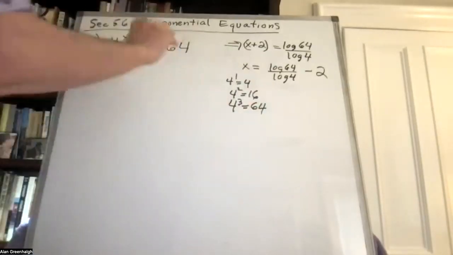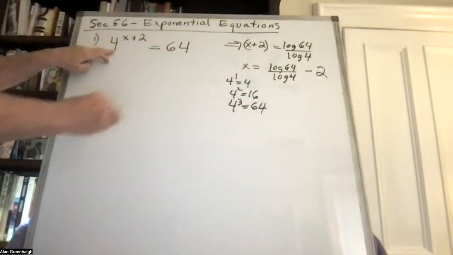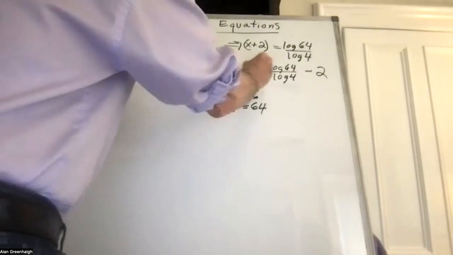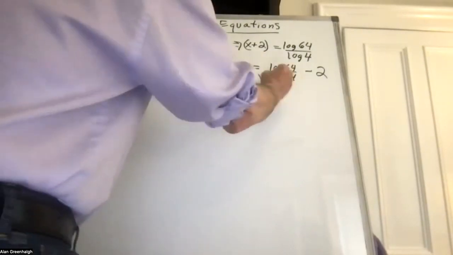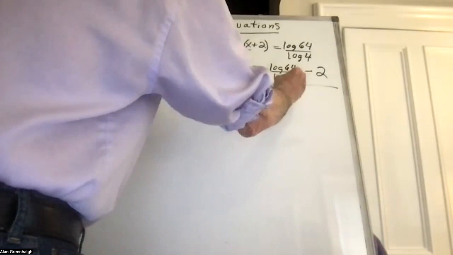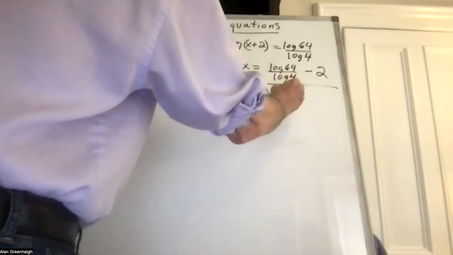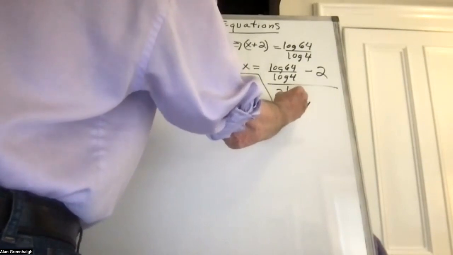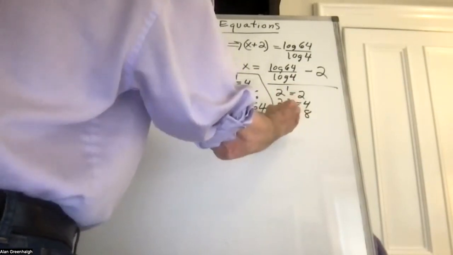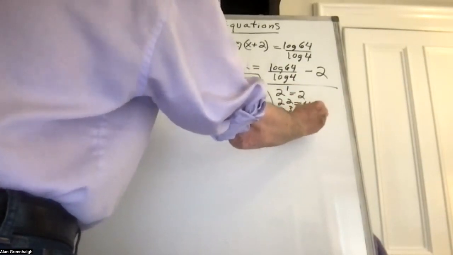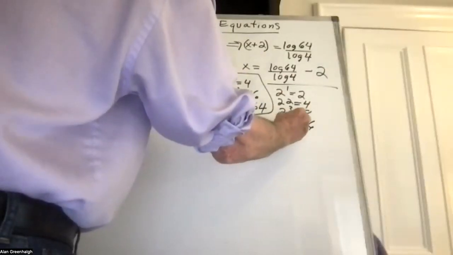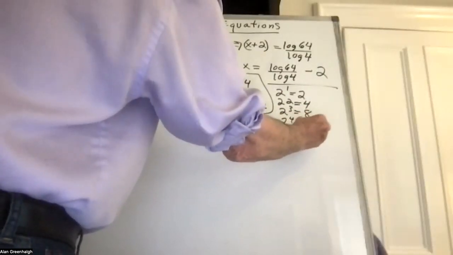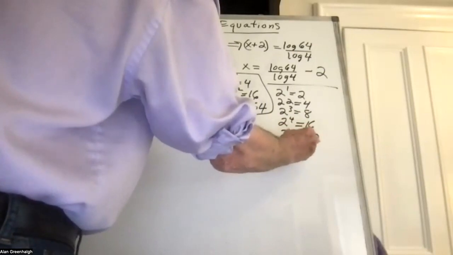You don't really have to know beyond that, but you have to know this. You also have to know the powers of 2: 2 to the first, 2 to the second, 2 to the third. These are some of the things that you really need to know. 2 to the fifth, 2 to the sixth.